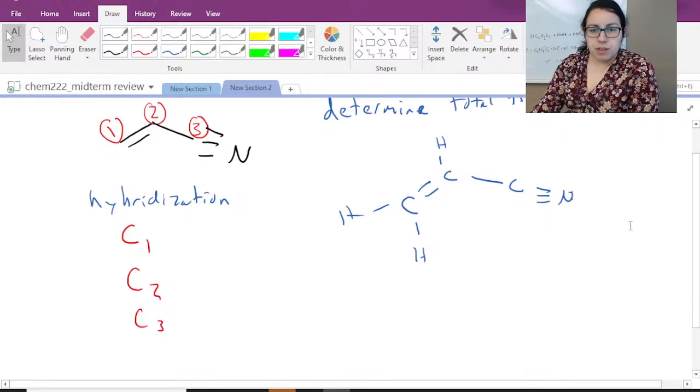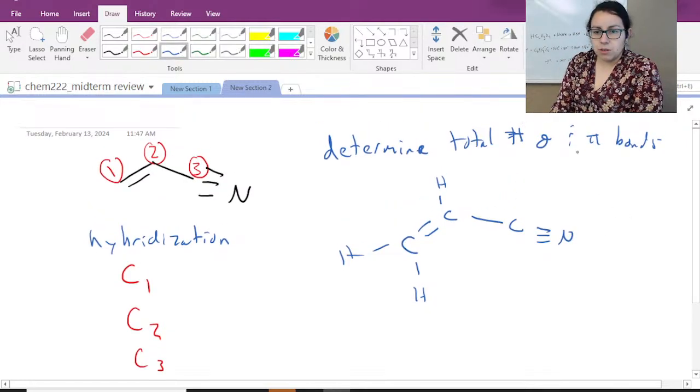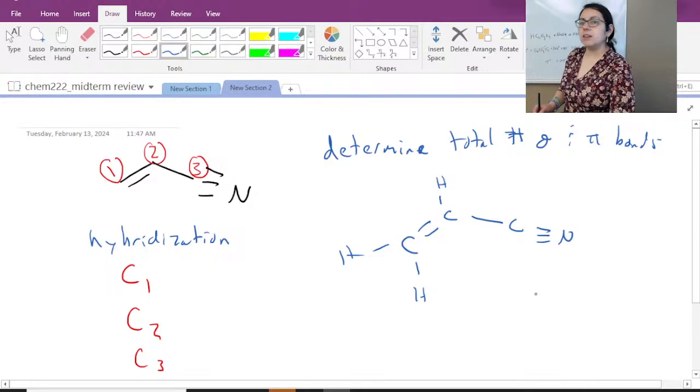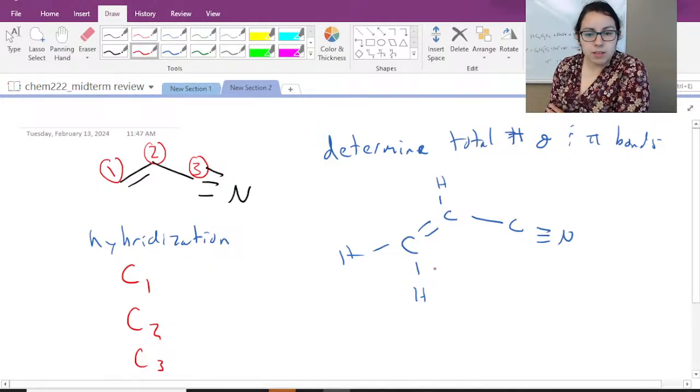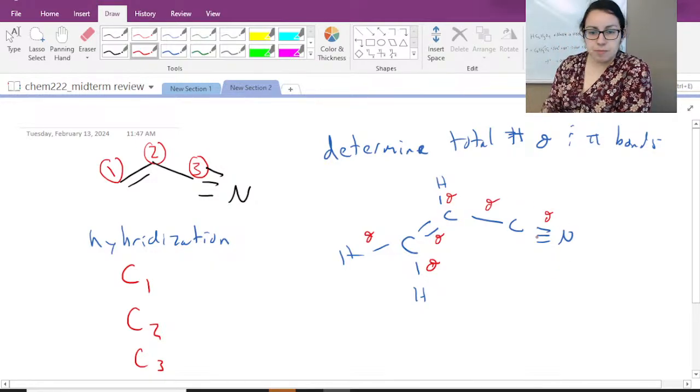And so now this helps us. Maybe we should start with our total sigma and pi bonds. How many total sigma bonds? That would be counting up all your CHs. I hear 6. What did other people get? Excellent. Every single bond, so we can write this out: 1, 2, and then this is a sigma 3, 4, 5, 6, because one of these is a sigma.